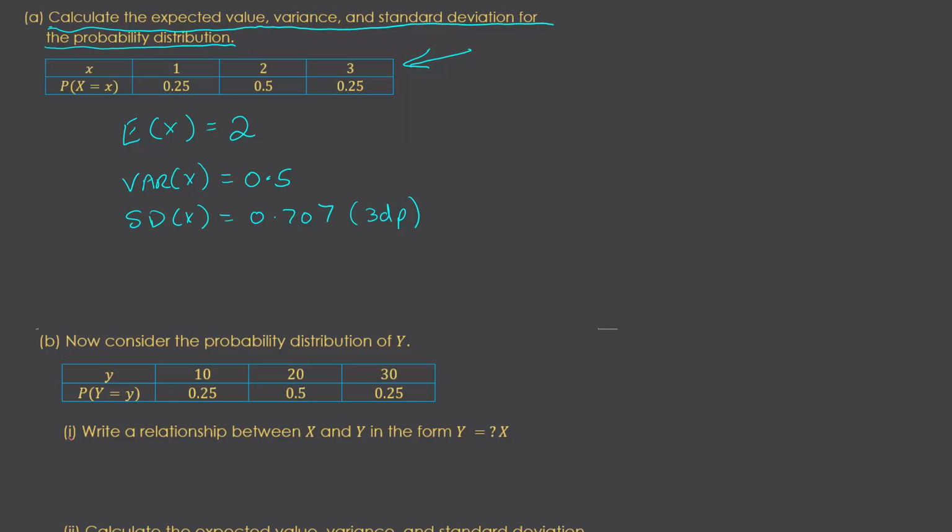Now, consider the probability distribution of y. You can see that this is just 10x. We've just taken the distribution of x and multiplied it by 10 to get 10, 20, 30. So when it says write a relationship between x and y in the form y equals question mark x, we can say, well, y is 10x.